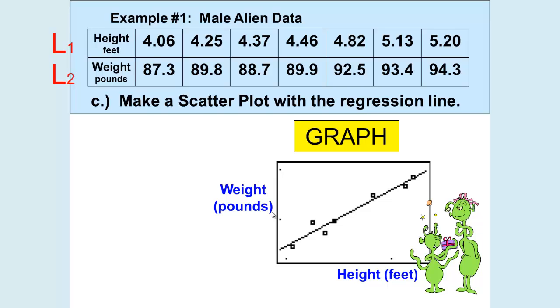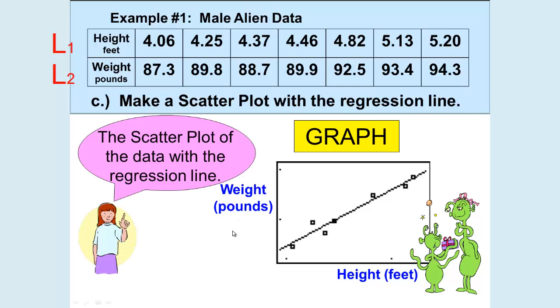Again, remember that our height in feet is our x-axis, the horizontal axis, and the weight in pounds is our vertical axis, our y-axis. We can see that we have a strong linear relationship by looking at the graph of the scatter plot of the data with the regression line.